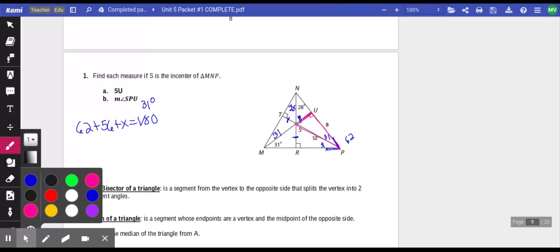Therefore, I can use the Pythagorean theorem to find SU, which I'm going to call y. The Pythagorean theorem is a squared plus b squared equals c squared, where A and B are the legs. So it's y squared plus 8 squared equals 10 squared. So that's y squared plus 64 equals 100. Subtract 64, and I get y squared equals 36. So y equals 6. So SU is 6.